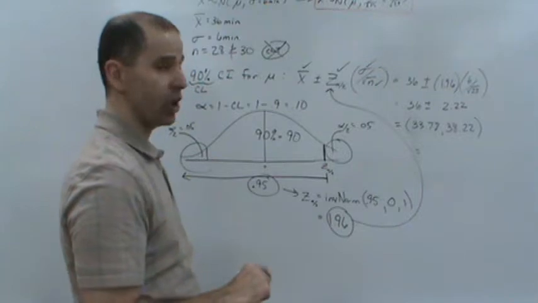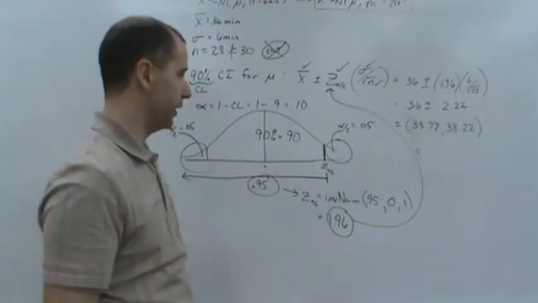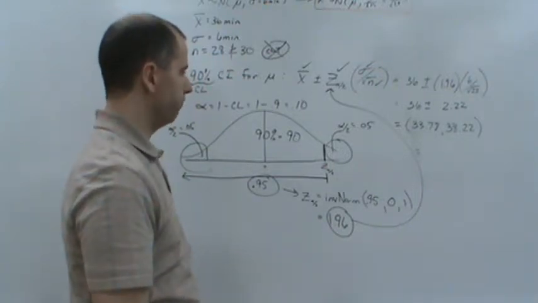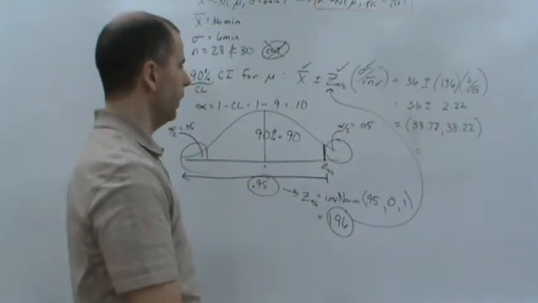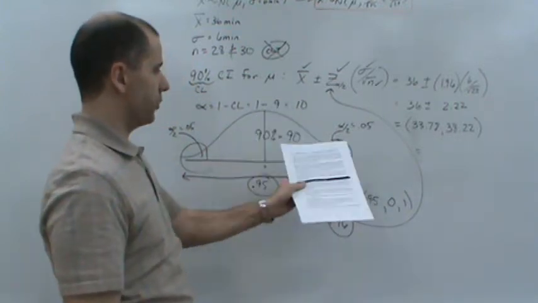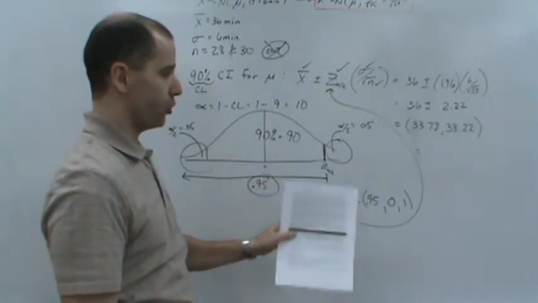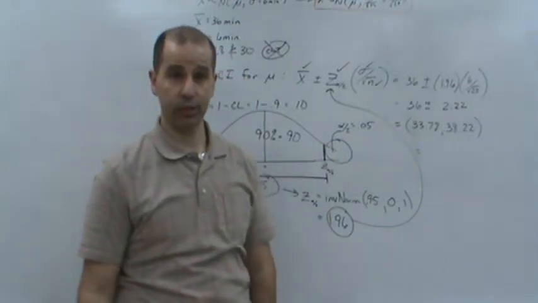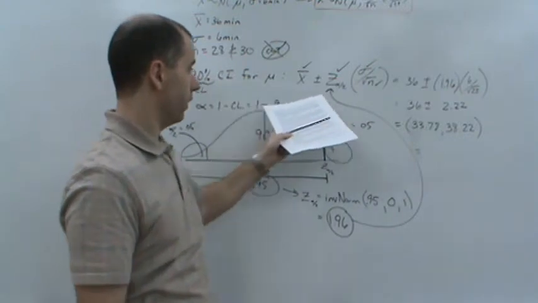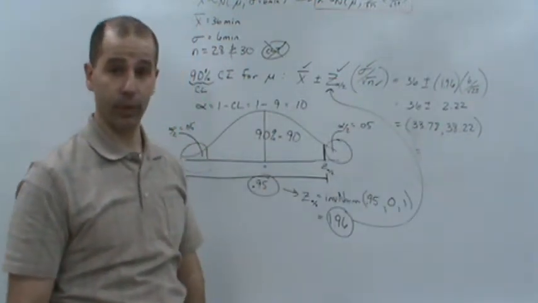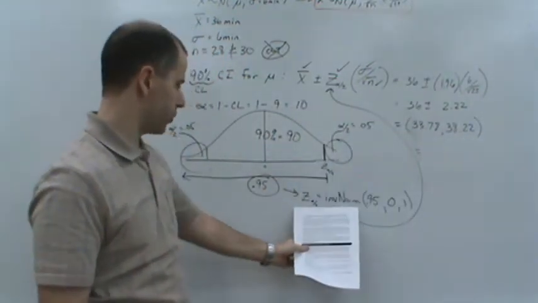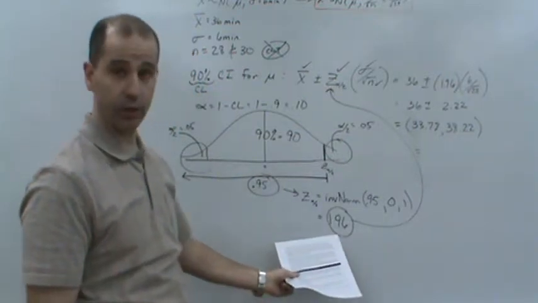And now, we'll talk about interpreting this a little later, but, well, actually we can talk about it now, that's fine. But before we do that, let me also show you the function on your calculator that can do this. So I wanted to show you the way you plug and chug in the formula. So again, you can use the inverse norm function on your calculator to get your critical value.